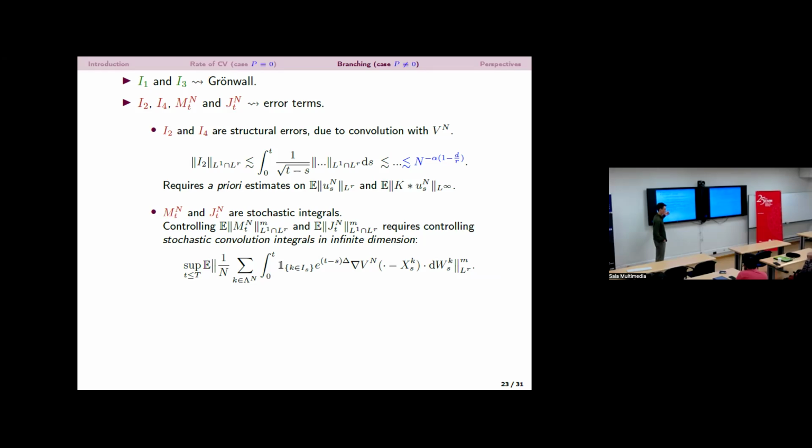It's exactly the rate of convergence of that, the n to the power blah blah blah. And that rate is related to the law of large numbers for empirical measures, at the level of the particles.